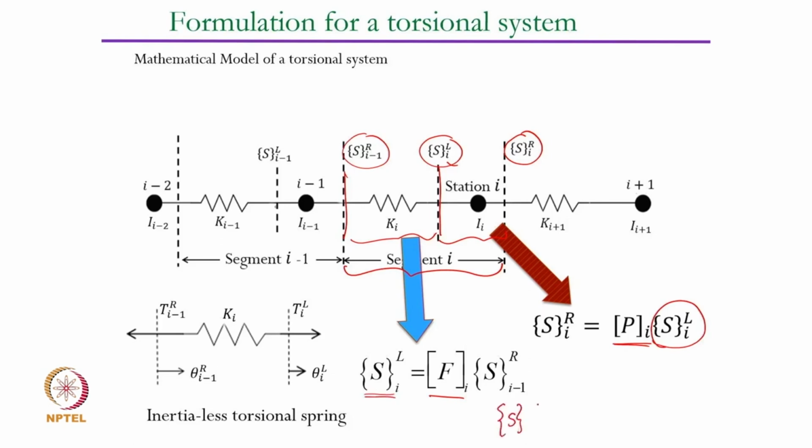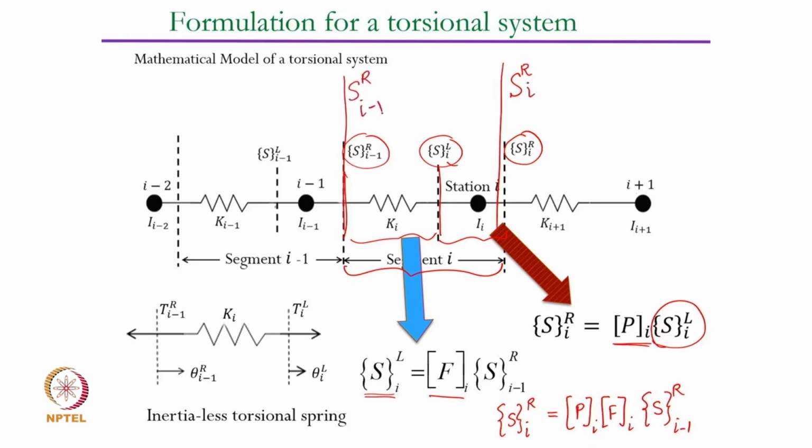I will get the state vector on the right of the ith segment, SRI, related to SRI minus 1. So the entire segment is now related through the end state vectors.